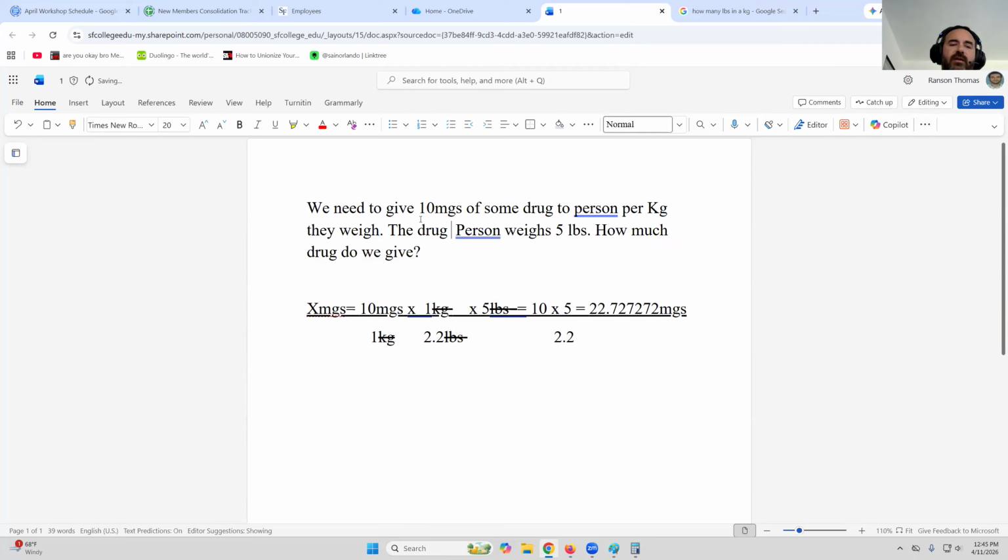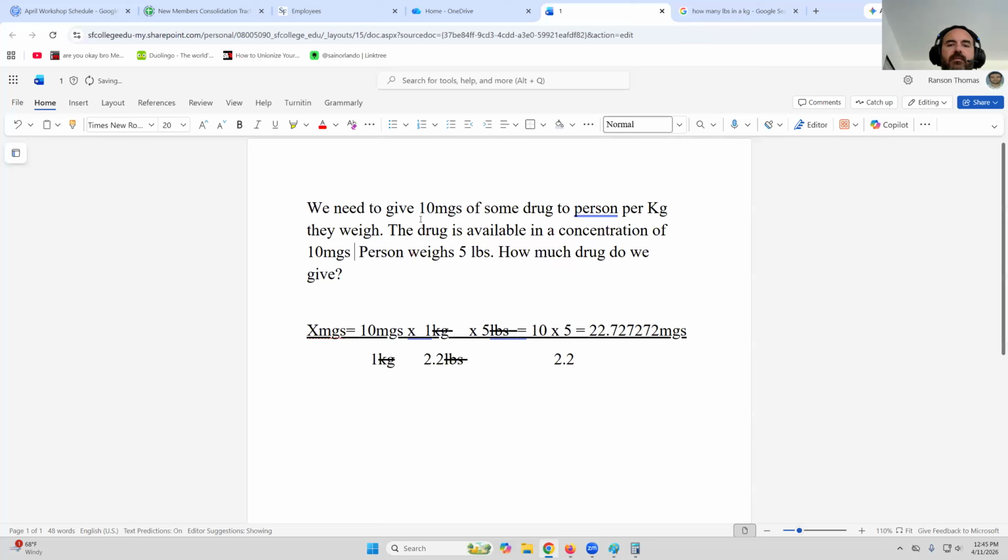The drug is available in a concentration of 10 milligrams per 5 milliliters. Person weighs 5 pounds.